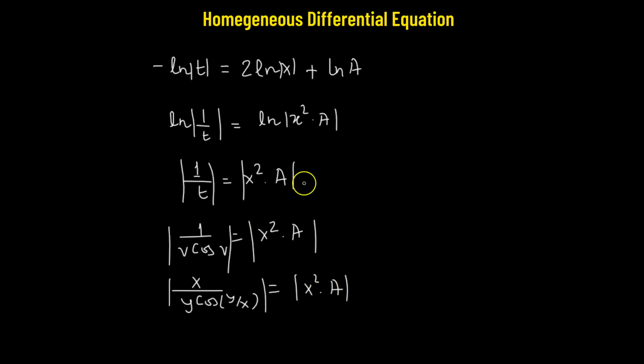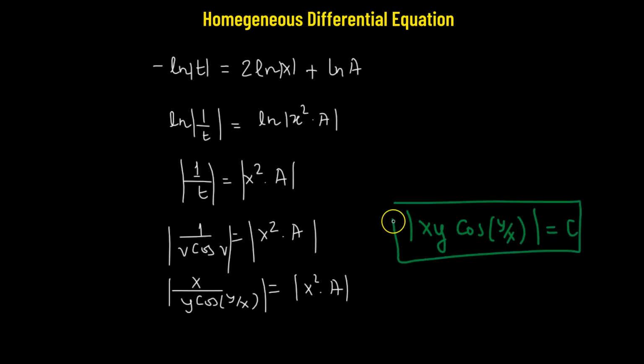Or simply, we can rewrite everything to get x y cosine of y over x equal to the constant of integration. So this is the final and required solution to our given homogeneous differential equation.